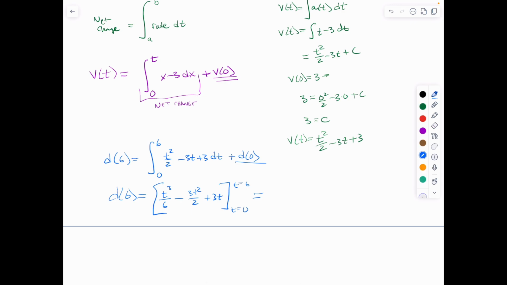So this is going to be, let's see, 216 over 36, and then 3 halves of 36, that's 54, plus 3 times 6, that's just 18.